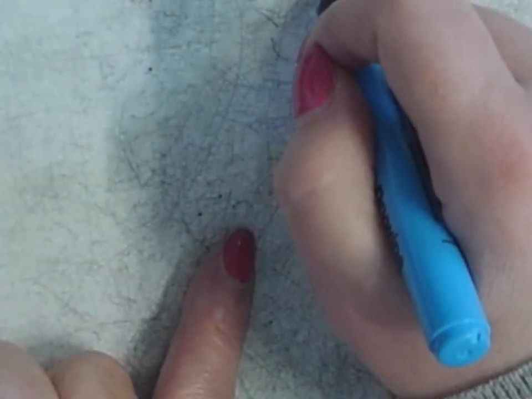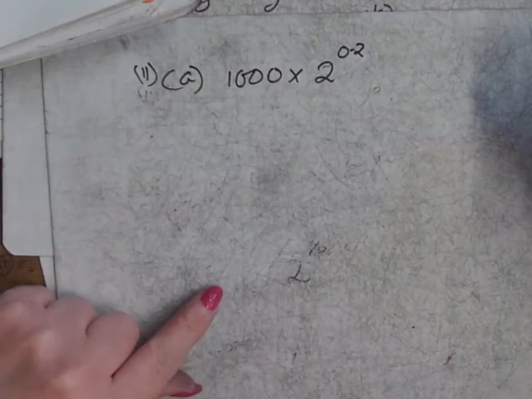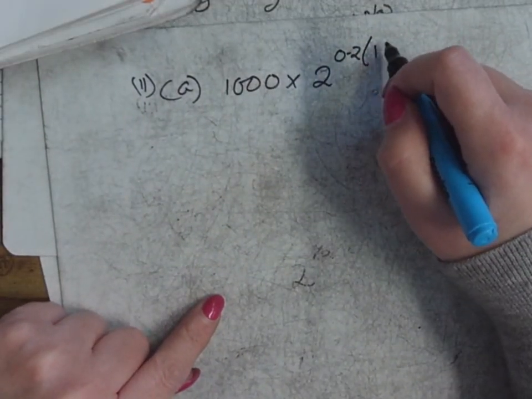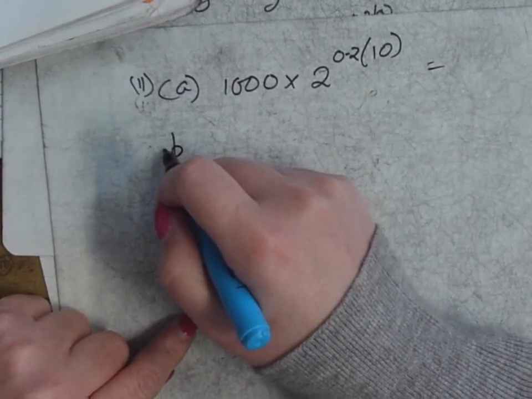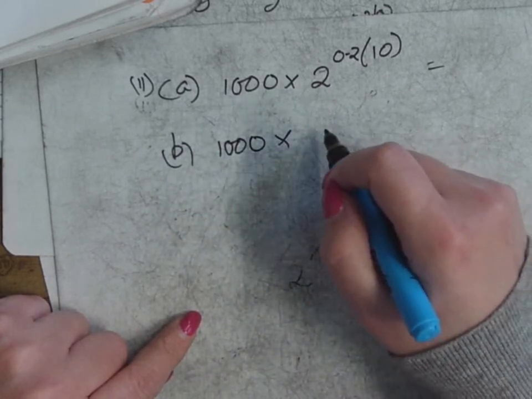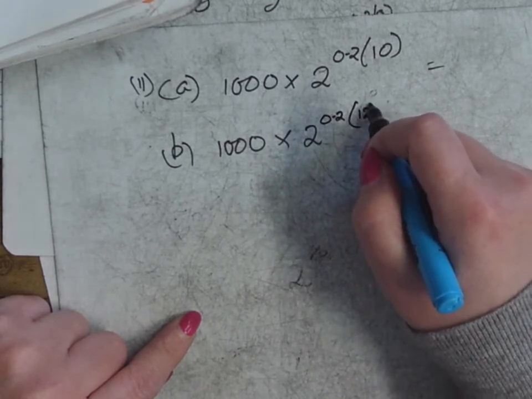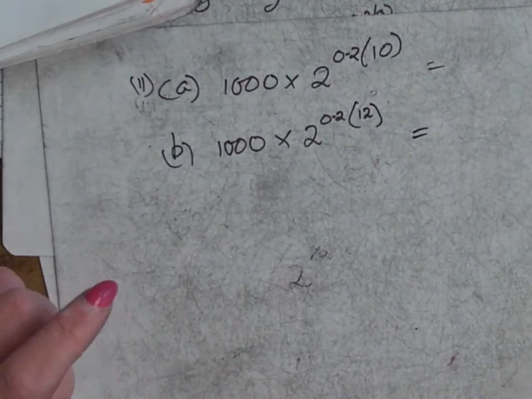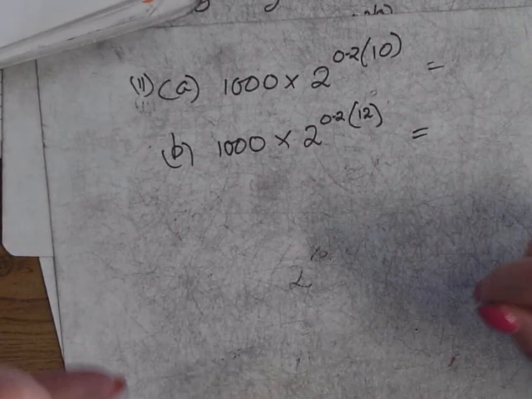That would be 1,000 multiplied by 2 to the power of 0.2 times 10 weeks, into the calculator and press equals. B is 1,000, it was 12 weeks, 2 to the power of 0.2 times 12 weeks, into the calculator and press equals. You can have a 5-minute break and I'll be doing them in the calculator.